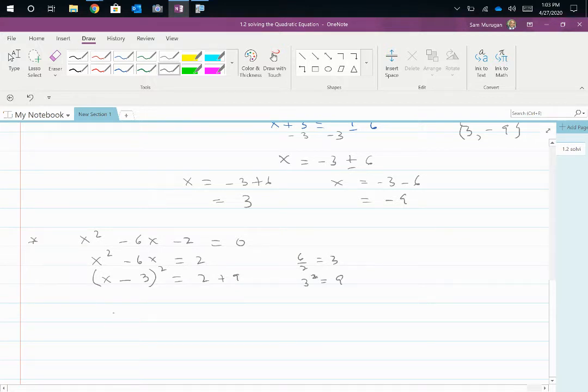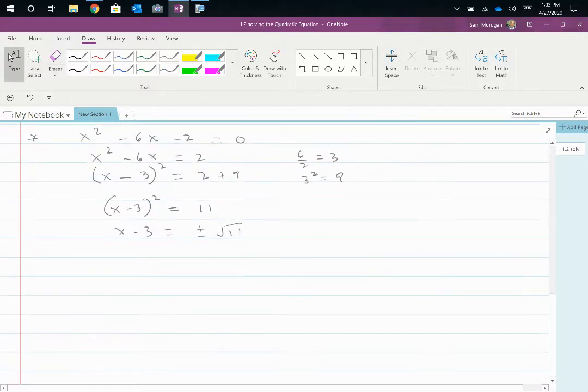So what we've got here is x minus 3 squared is equal to 11. So x minus 3 is equal to plus or minus the square root of 11. Take away 3 from both sides. x is equal to positive 3 plus or minus the square root of 11.